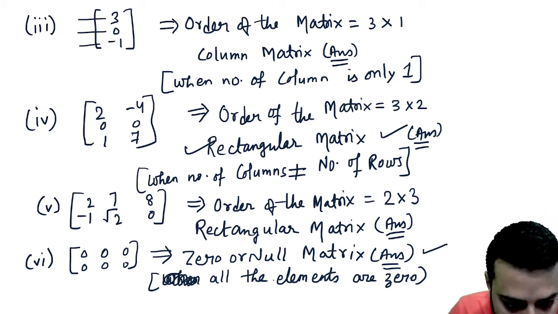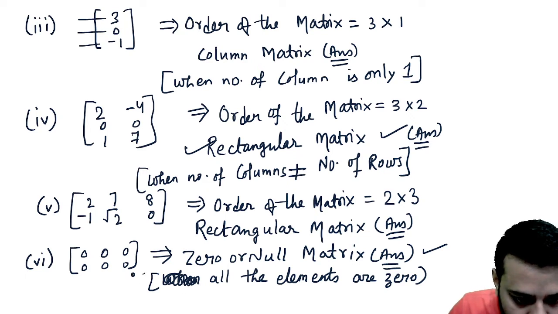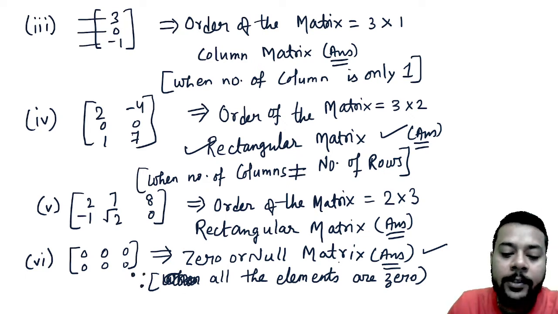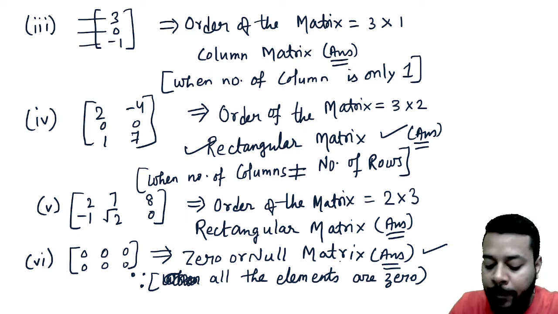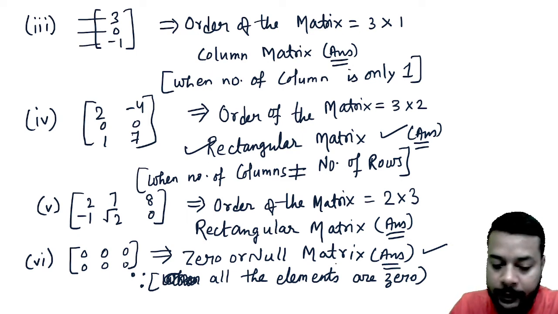This will be our answer. Since all the elements of the matrix are 0, such a type of matrix is known as a 0 or null matrix.